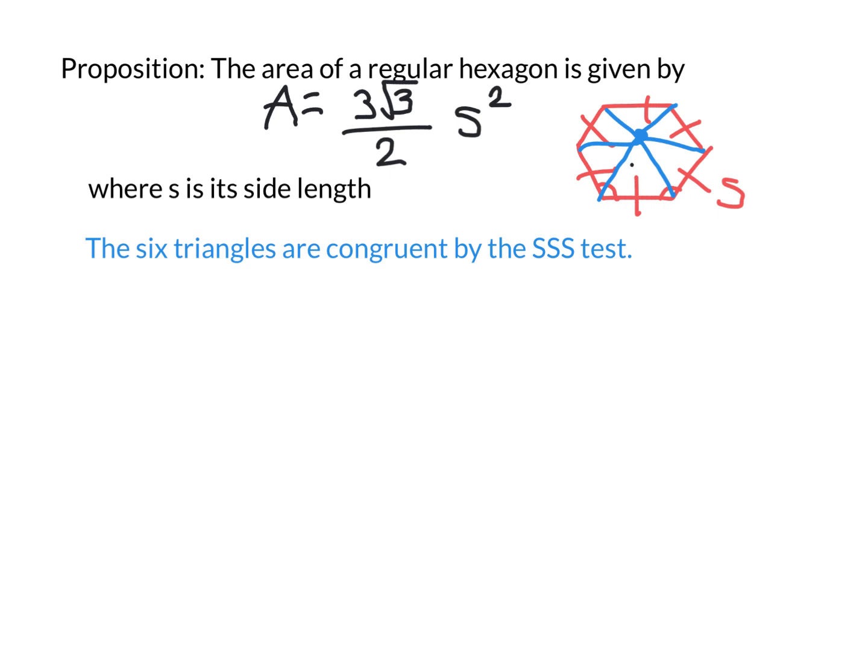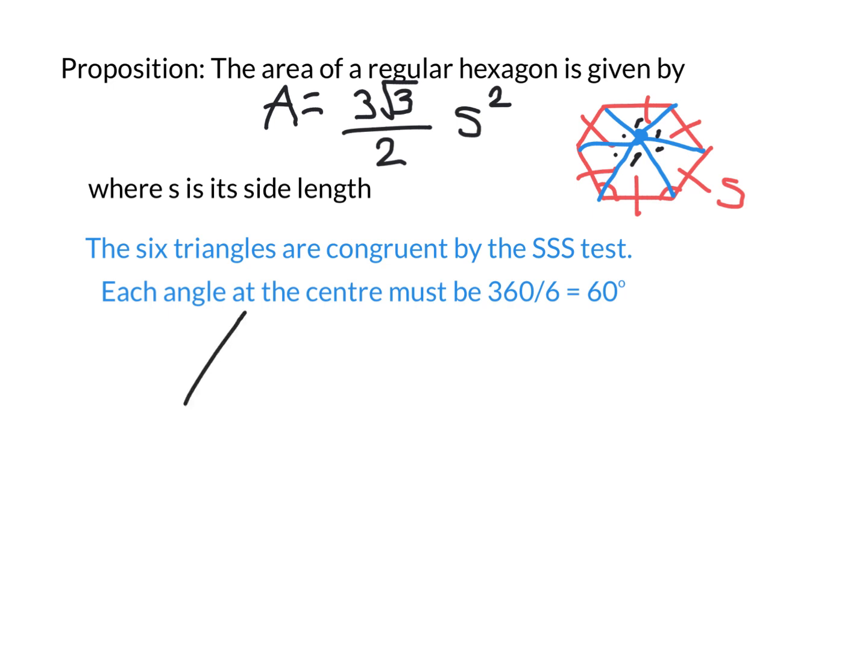So each of these angles here must be equal to each other. Because each of these angles is equal, and because they're angles at a point, they form a full circle, which is 360 degrees, the size of each of these angles is 60 degrees.